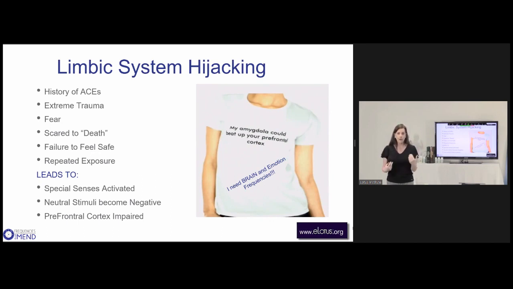This is one of the reasons treating the brain is so important. So I think you can probably see this funny t-shirt, which is my amygdala could beat up your prefrontal cortex. And for anybody that has these issues, it does. And if you've ever been in a grocery store or anywhere where there's a toddler or a young kid and they want something right now and they see the candy bar, they want it right now, that is the amygdala saying, I need to do this.